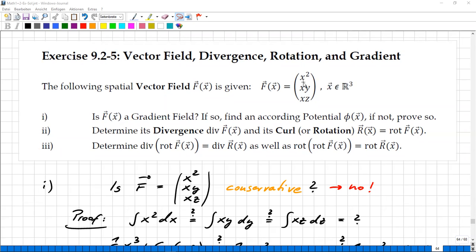This makes this field perfectly appropriate to explain two more general correspondences between rotation, gradient, and divergence.